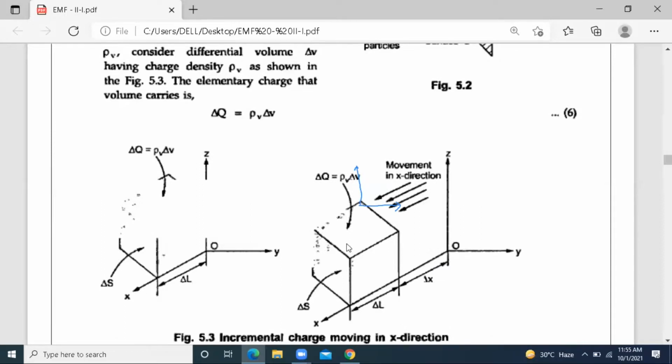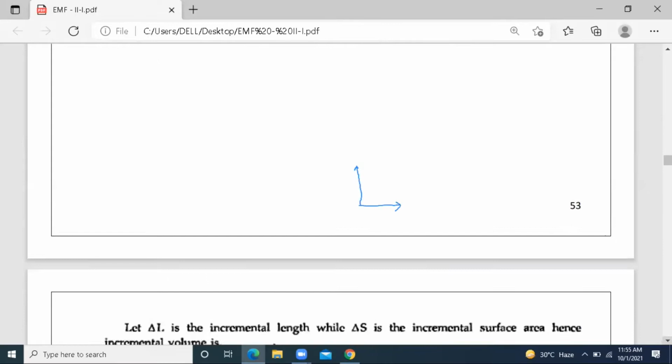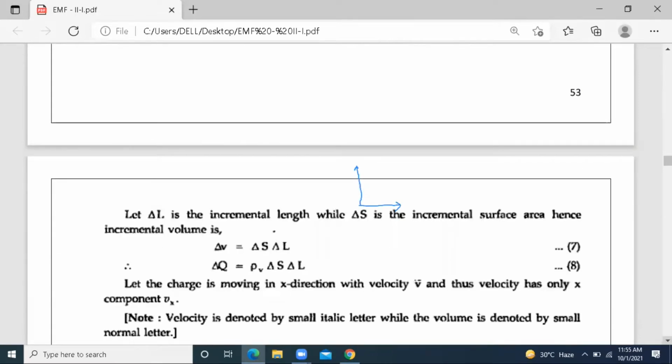So here is your delta V, right? So your delta Q, which is the total charge in your small volume, is rho v, which is the charge density, multiplied by the small volume. Sir, what is the small volume?